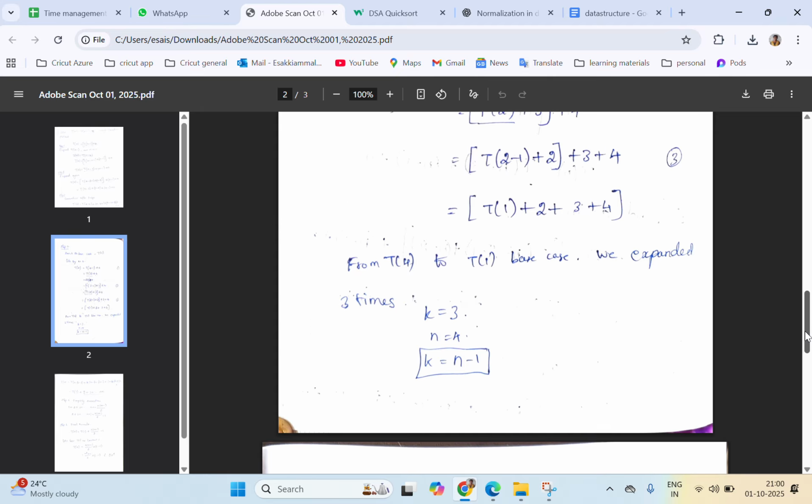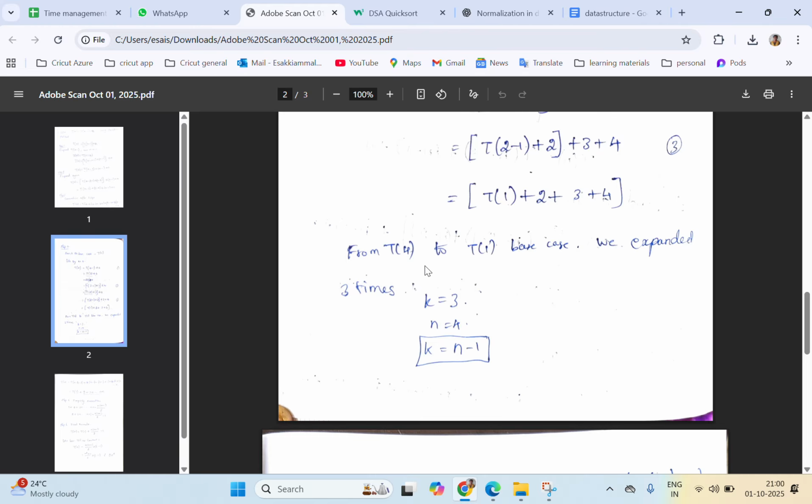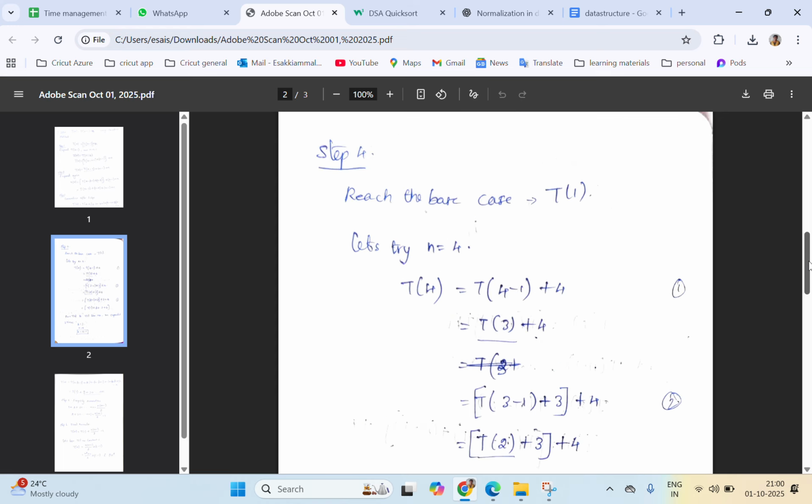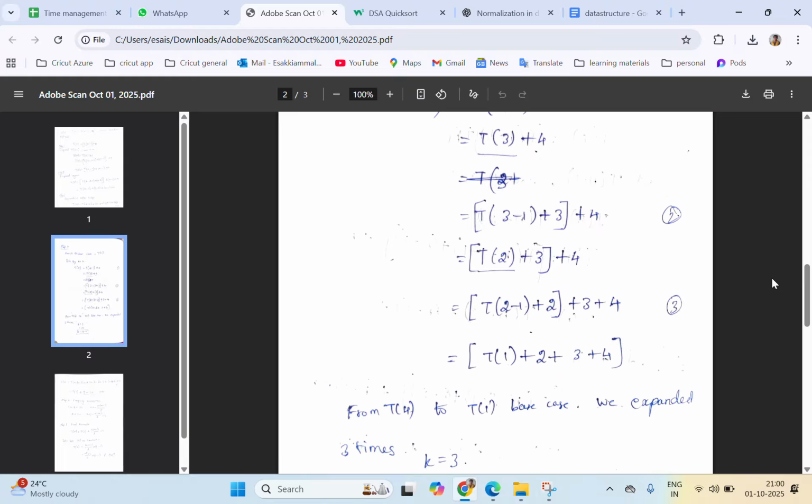So when we start from 4, we need to do 3 iterations: we applied T(n) = T(n-1) + n one time here, a second time for T(3), and a third time for T(2). From T(4) to T(1), T(1) is the base case.